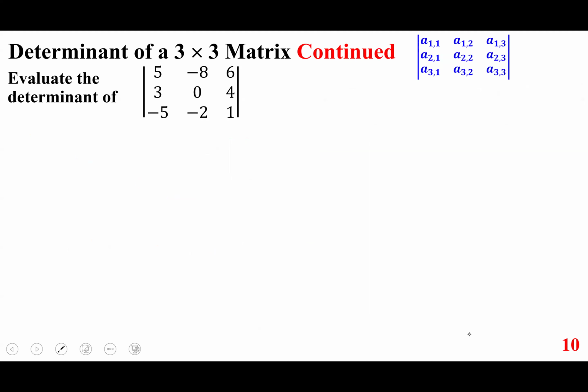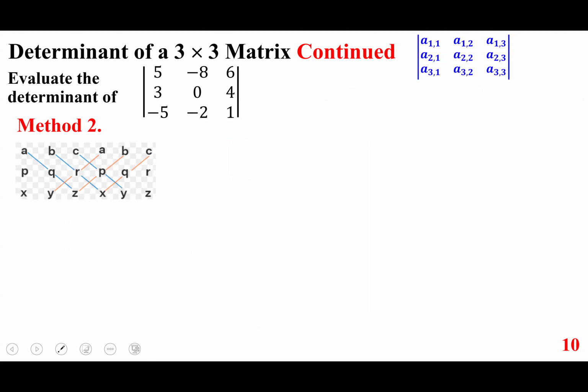We continue with the determinant of a 3 by 3 matrix. We want to evaluate this one. There is a second method. So you put 2 of them next to each other. So you put this one, and then the same thing next to it. And you start from the very first entry, you go diagonally.